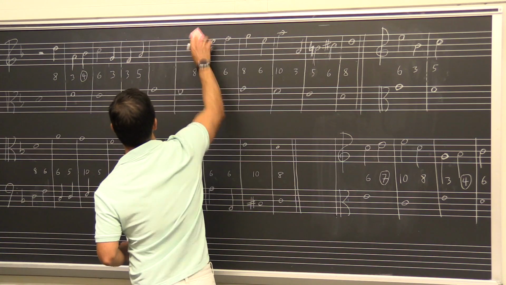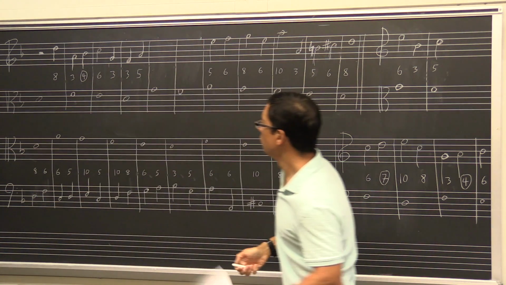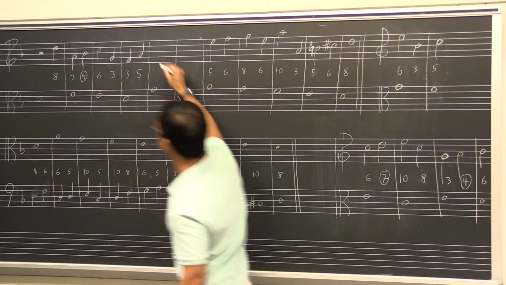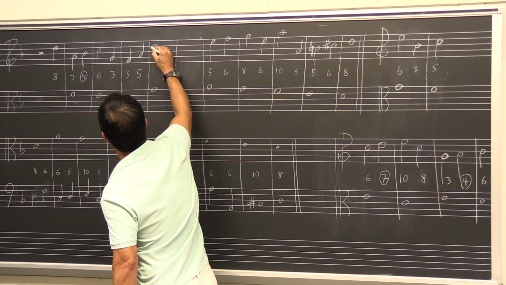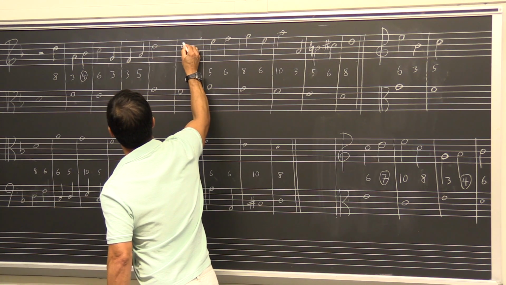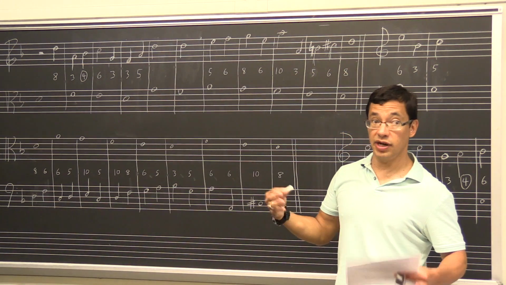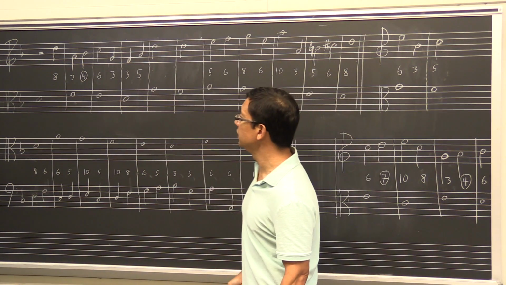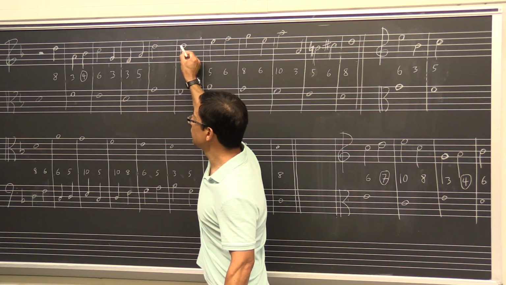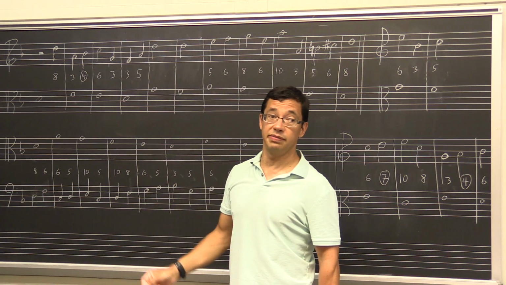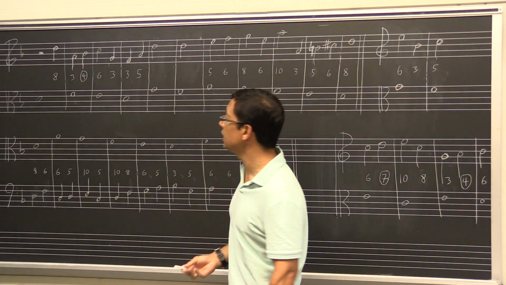Suppose that for some reason we wanted consecutive Ds on those downbeats. So then we kind of have to tread water. And this is part of the reason we don't want to do this too often. The line is not really moving between those two downbeats. We're finding a way to kill some time.